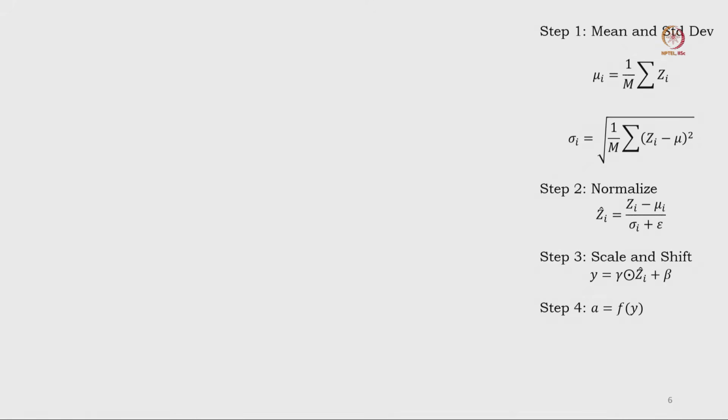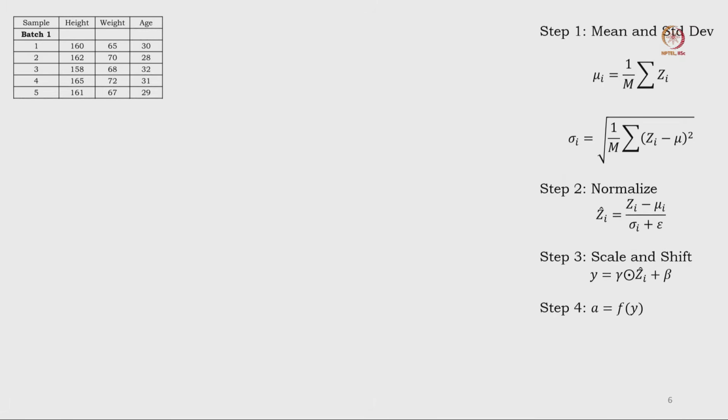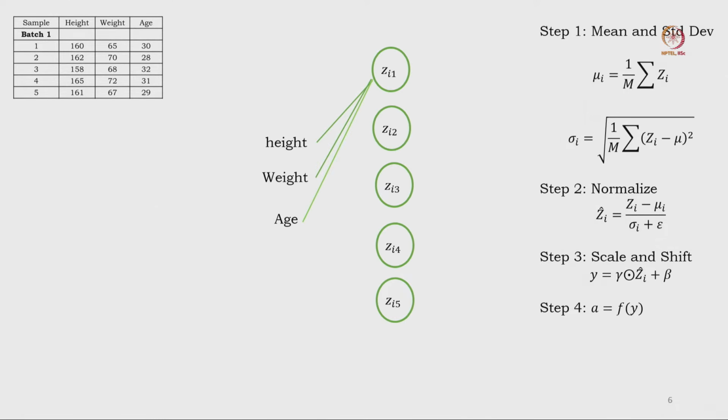Batch normalization, the word itself says it works for a batch of data samples. So, let us assume this is one batch where we have 5 samples, we have 3 features, height, weight and age.